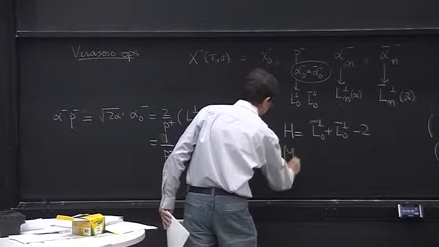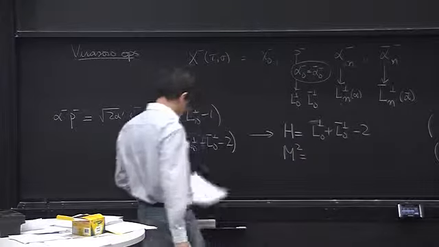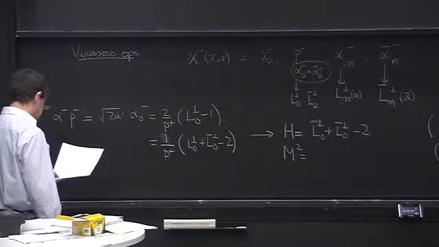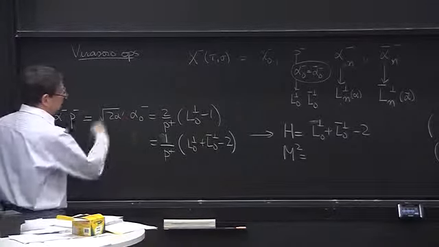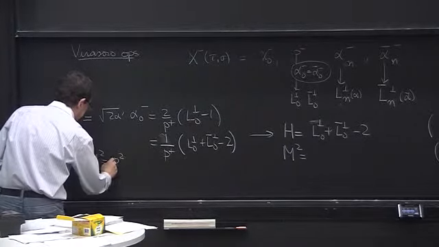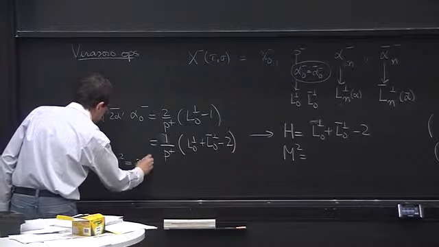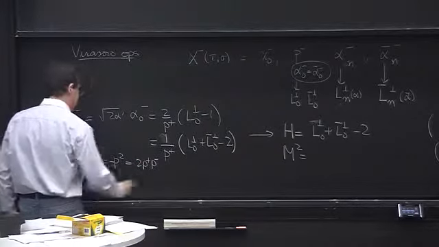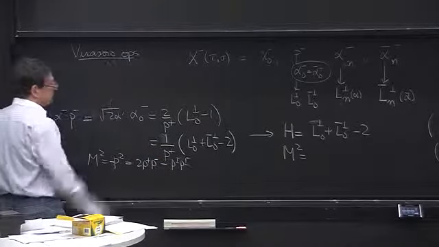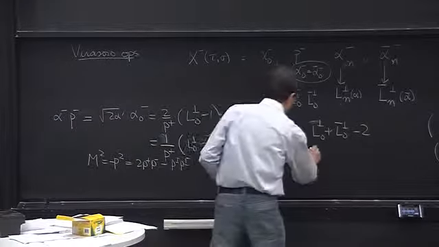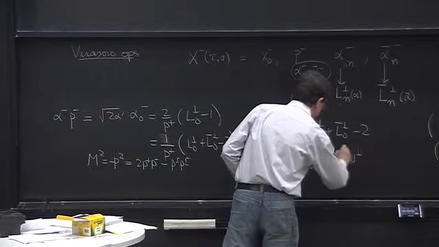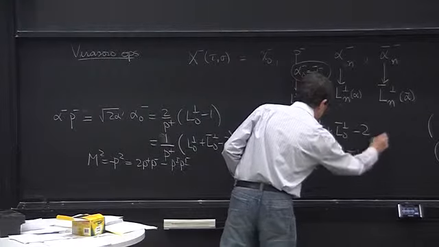And the mass squared formula comes from m squared equal to minus p squared, as usual, 2 p plus p minus minus p i squared. Go through the steps. The mass formula is 2 over alpha prime times N plus N bar minus 2.